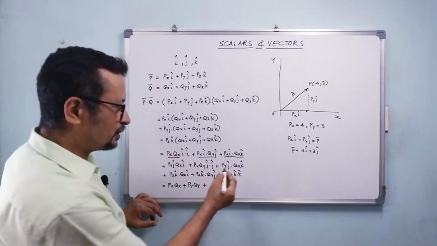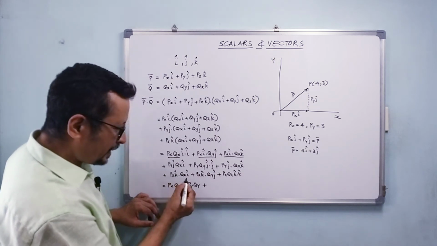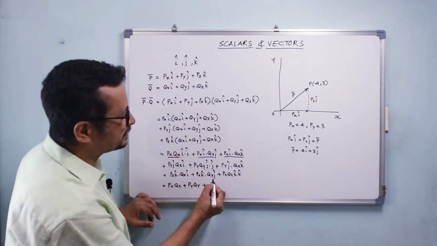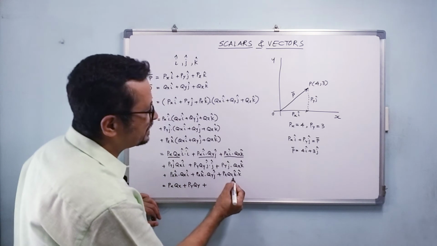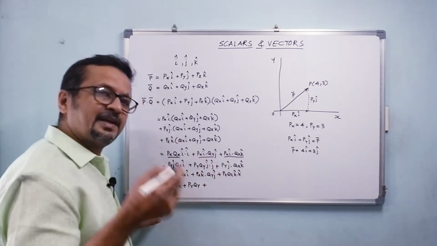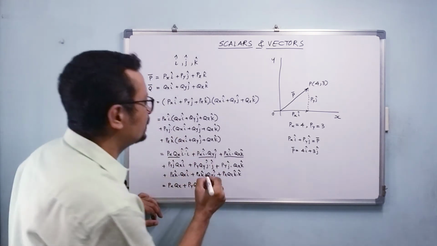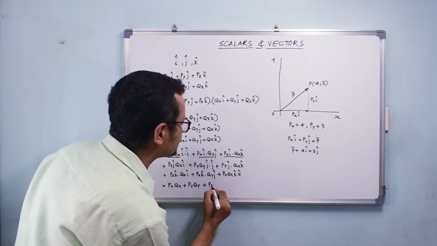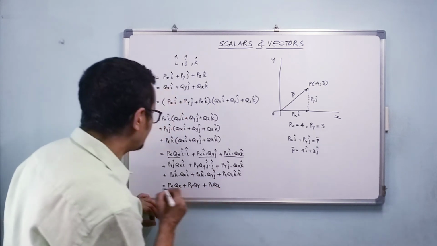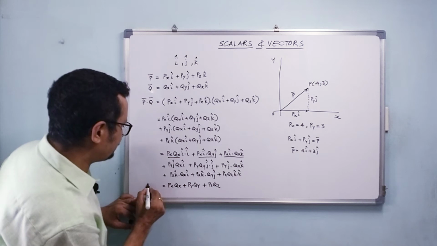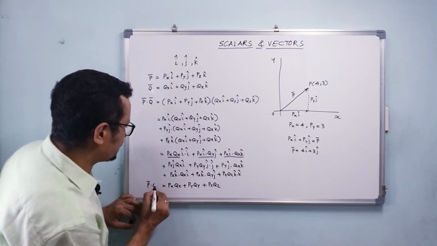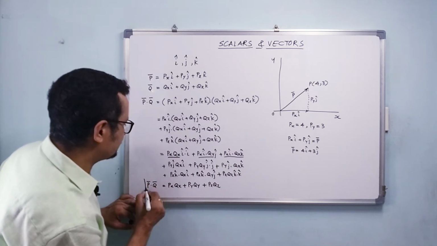So 0, I am not writing that. K cap I cap 0, k cap j cap 0, and pz qz into k cap dot k cap. K cap dot k cap is equal to 1, so it is pz qz. Correct. So you have the simplified form of p bar dot q bar as this.